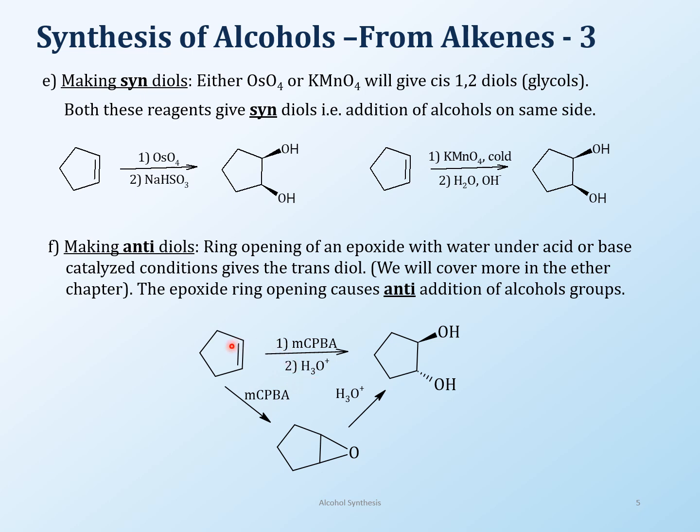The MCPBA will create an epoxide, and that epoxide can then be opened up using acidic water, and that will give you the anti diol. So you can see that we have quite a variety of syntheses that you have already done, just from alkenes. We have to move forward. We have like 6 syntheses just from alkenes to make different kinds of alcohols.